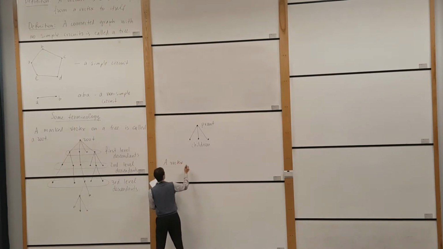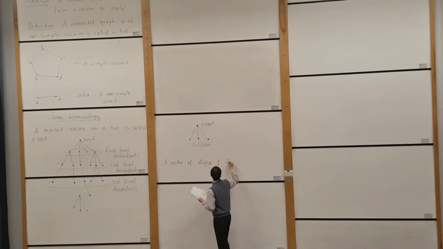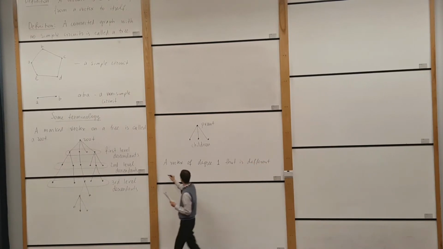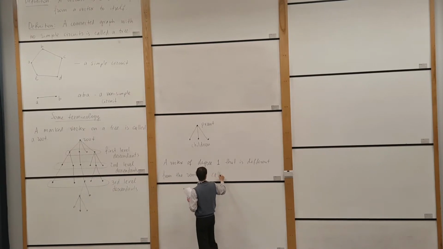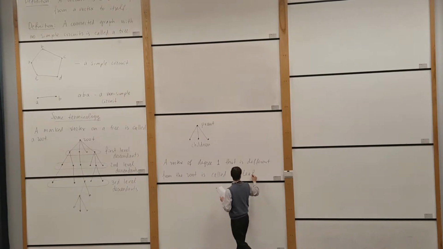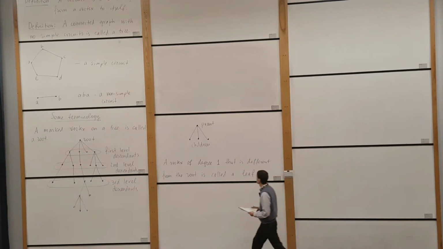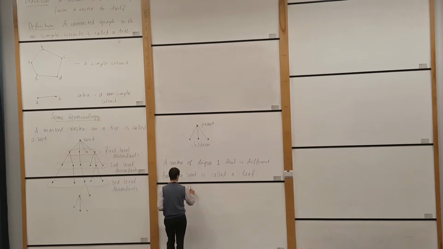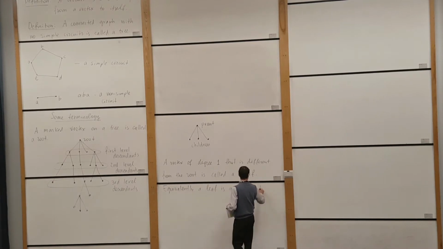A vertex of degree 1 that is different from the root is called a leaf. Alternatively, a leaf is a vertex which has no children.